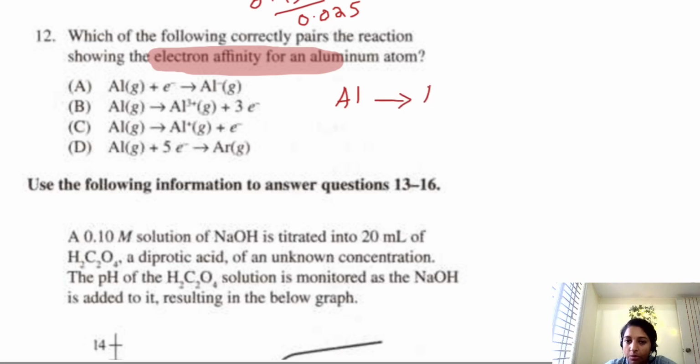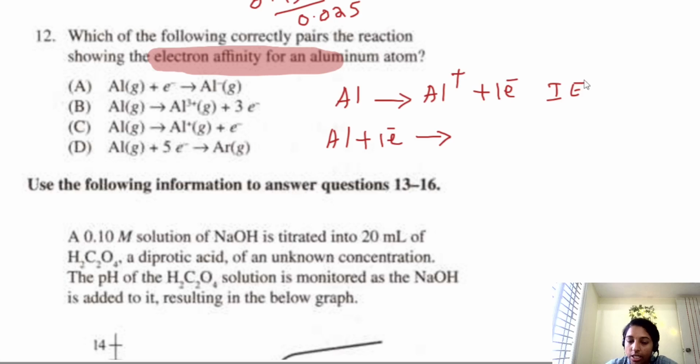Aluminum becomes Al+ by release of one electron, so how much energy you have to put in for this reaction to occur, that is what we call the ionization energy. So what is electron affinity? Electron affinity is just the opposite of ionization energy: how much energy is released when an electron is added to the valence orbital.